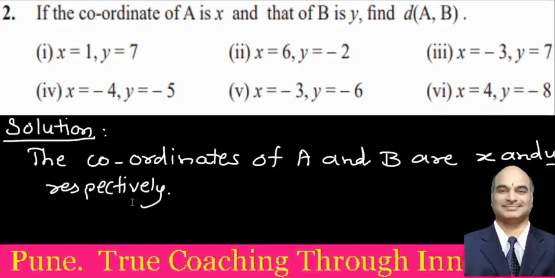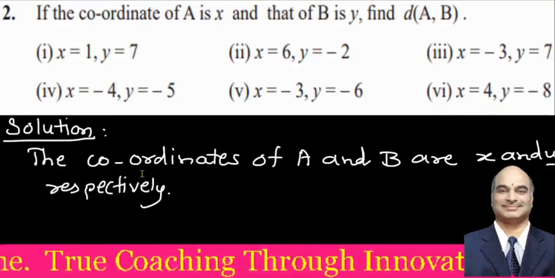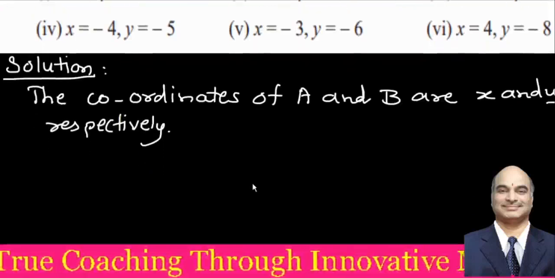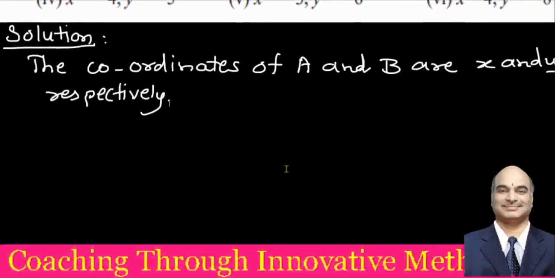That means A's coordinate is x and B's coordinate is y. Thus we can write down.